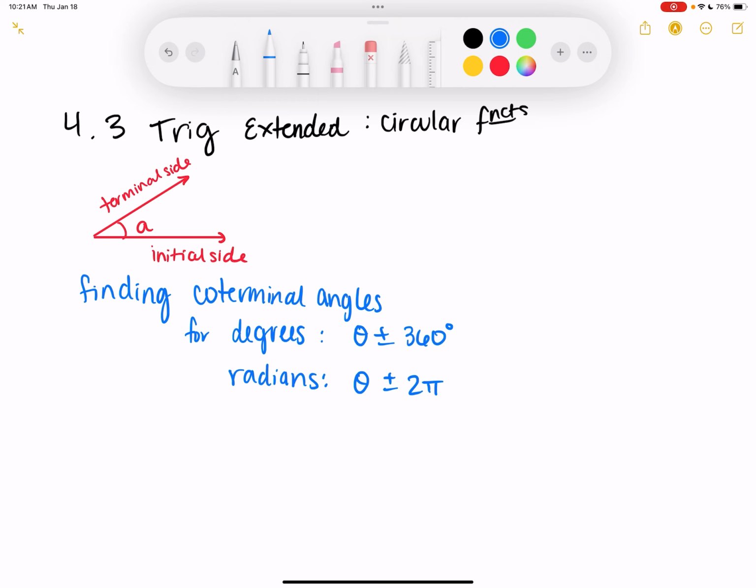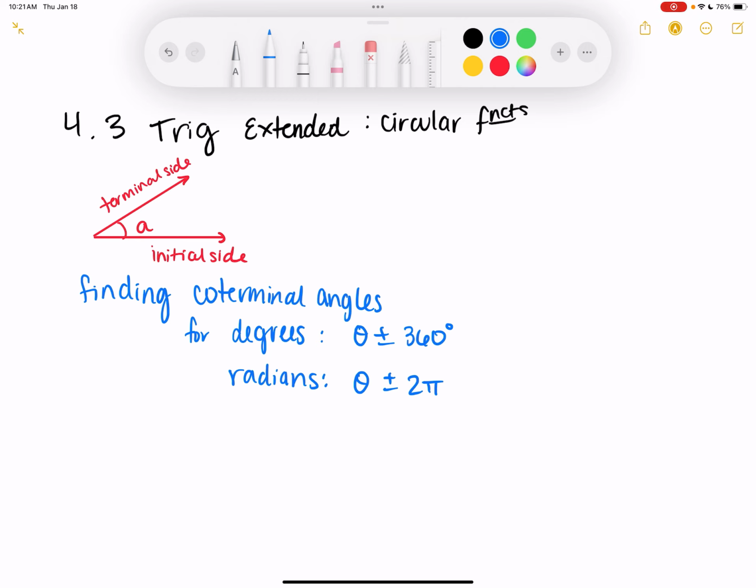The next little thing I'm not going to really write, but quadrant 1 is top right, quadrant 2 is top left, quadrant 3 is bottom left, quadrant 4 is bottom right. It goes around in order. But basically, sine and cosine are positive in quadrant 1, so tangent is also positive.